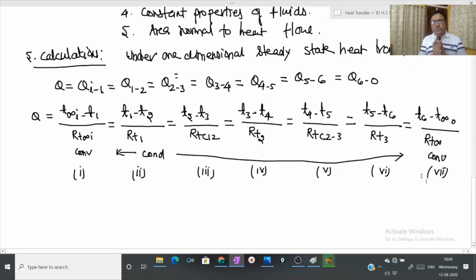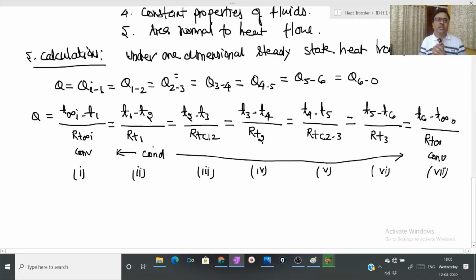Now in this problem, my motto is to calculate Q, that is the rate of heat transfer. In order to calculate the rate of heat transfer, I can use either equation, provided the temperatures are known to me and I am in a position to calculate the thermal resistance. So I can use either equation 1, 2, 3, 4, 5, 6, 7.